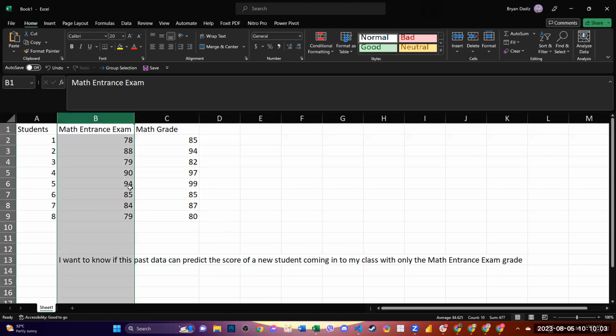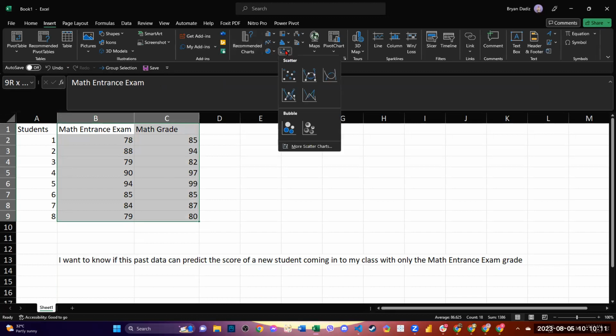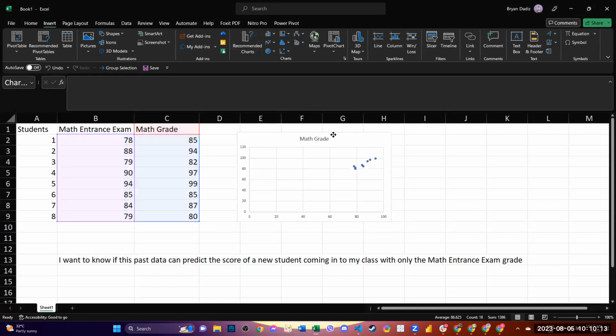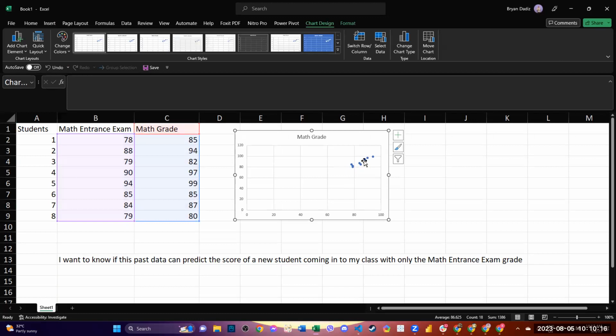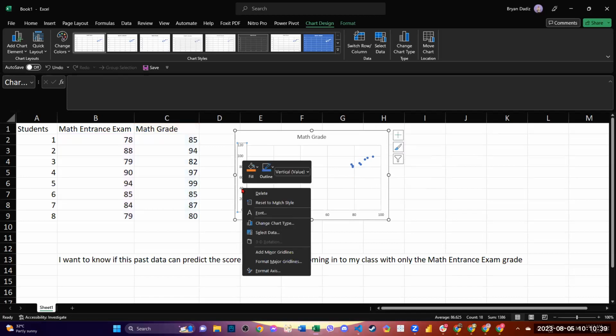So let me just graph the first column and the second column into a scatter chart, something like this. Okay. So the scatter chart displays this result. All right. Can we adjust?